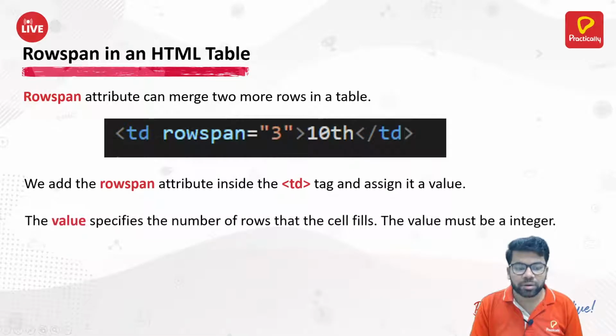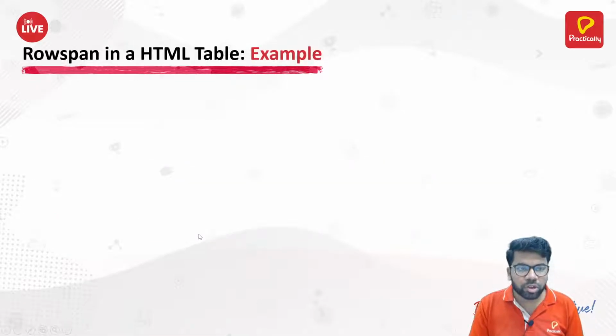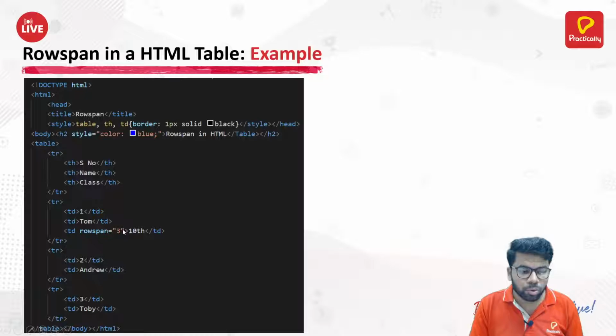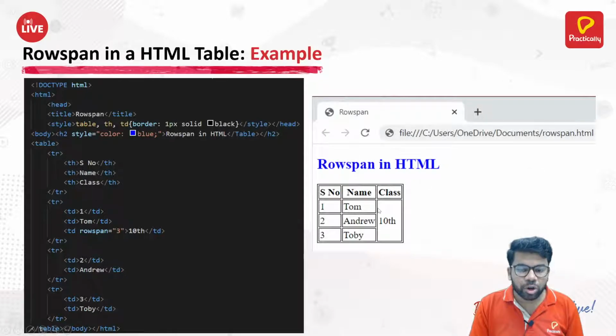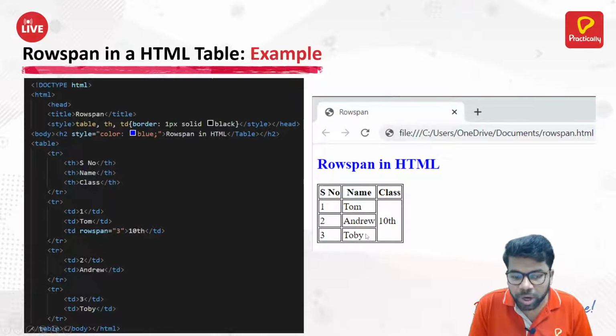So when you execute that, with rowspan 3, we will get the output like this. All 3 rows are merged into a single row, Tom, Andrew, Toby. We mentioned here rowspan 3, and we have given one value also to the td.